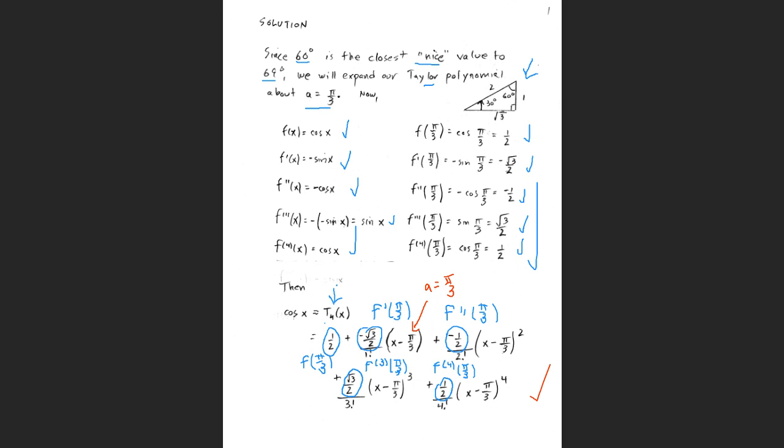If you were to multiply that all out, you would get an x to the fourth power here, right? And so, fourth degree Taylor polynomial. Now, naturally, we want to simplify those coefficients. We do want to do that.